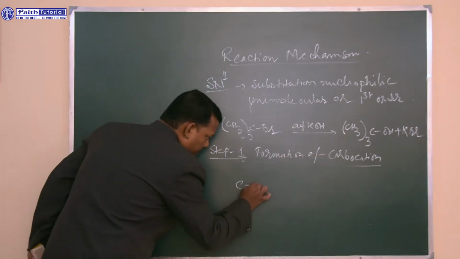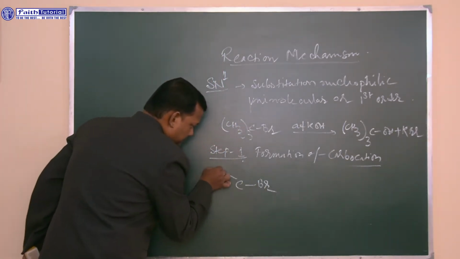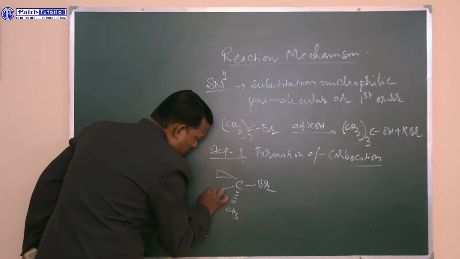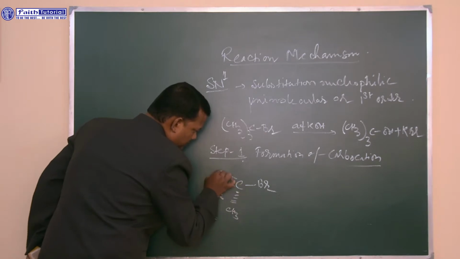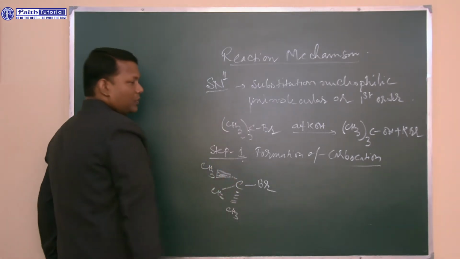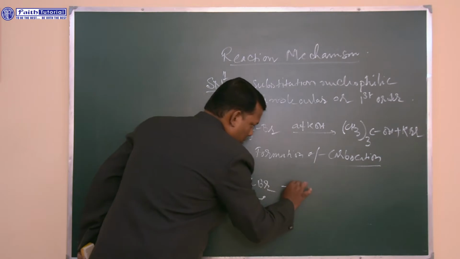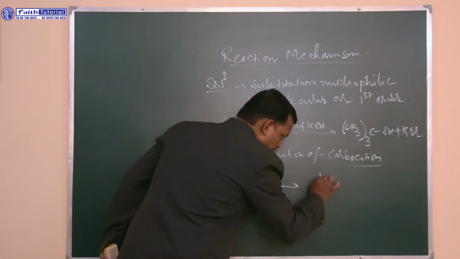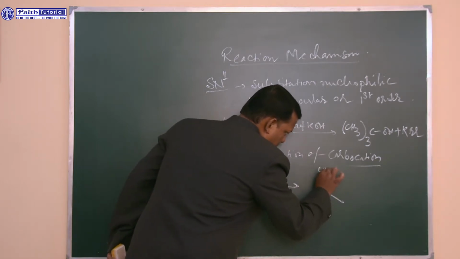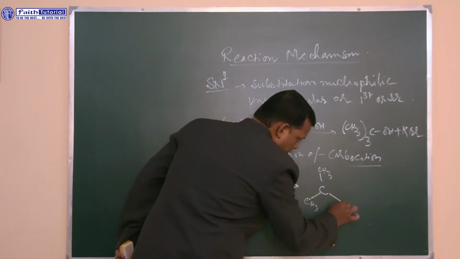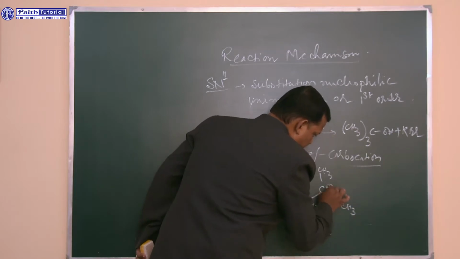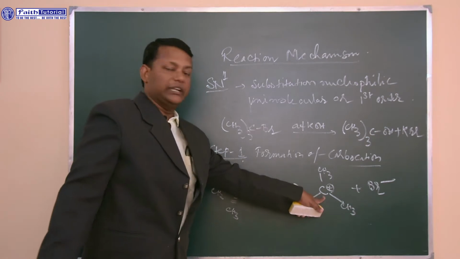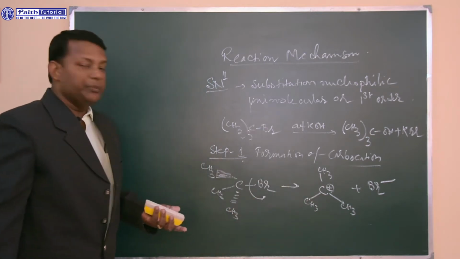So in the first step, the leaving group bromine will go from the compound as bromide ion. Here the carbocation is forming. Look at the picture.